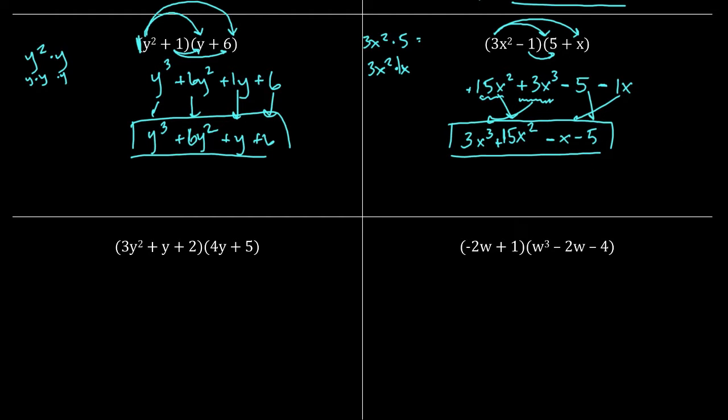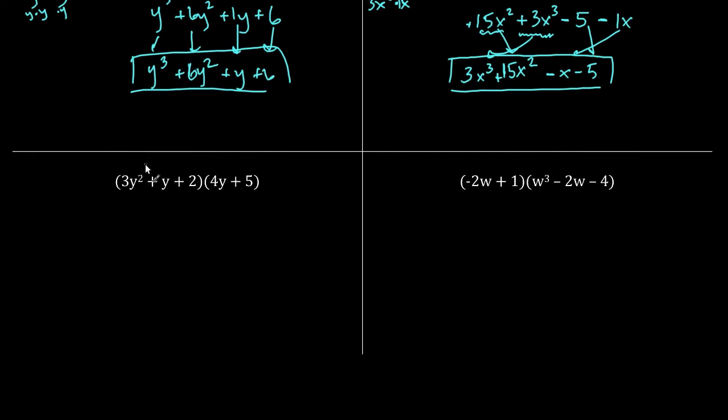All right, 2 more to go. Okay, so this is slightly different, but it's really the same concept. This tests whether you're just looking at the steps and copying the steps, so to speak, or whether there's something more to it. Or this helps with that at least. So this time we have 3 terms: 3y squared plus y plus 2.